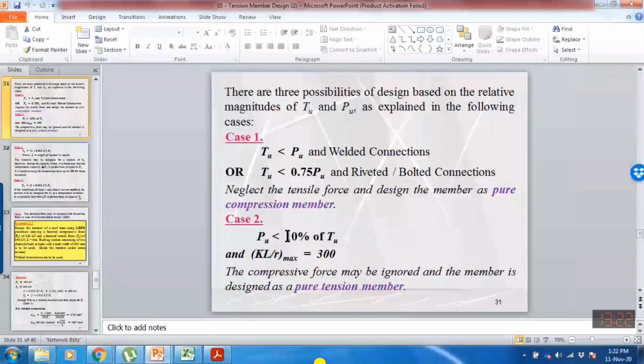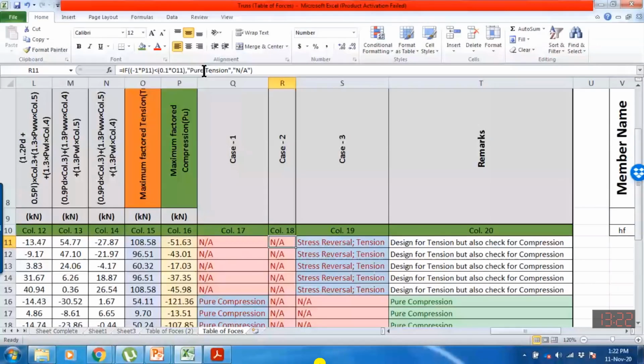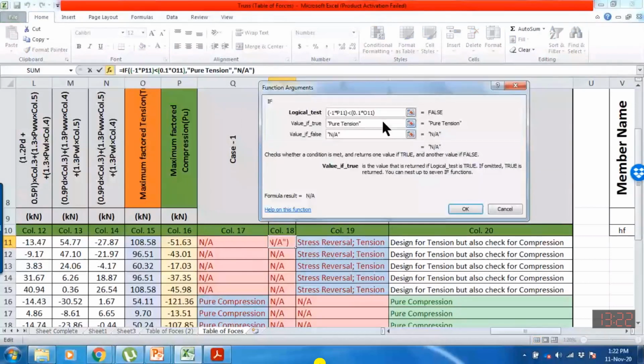So here, just see what I have written in the comment. P11, this is the P column and row 11. This is the compression force multiplied by -1 just to convert it into positive. And if this is less than or equal to 10% of O11, O11 is this one, TU.